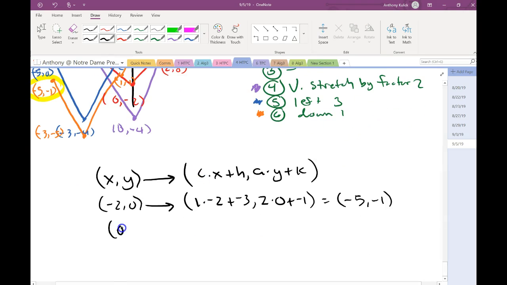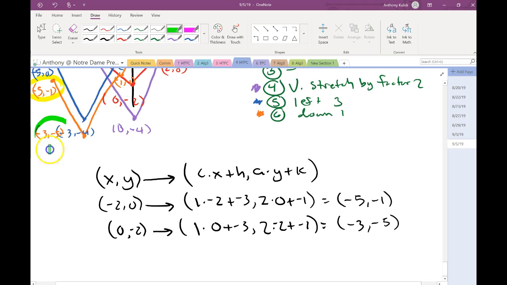If I take 0, -2, so 1 times 0 plus -3, 2 times -2 plus -1. When I do that, I get -3, -5, which is what that second point transformed into.